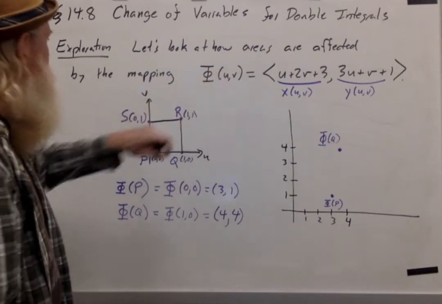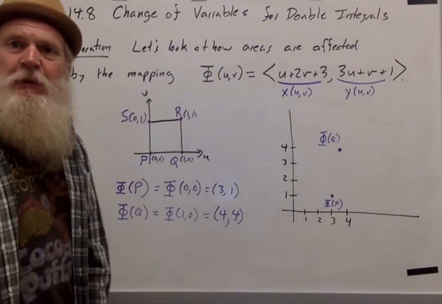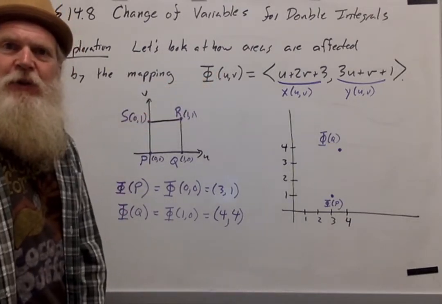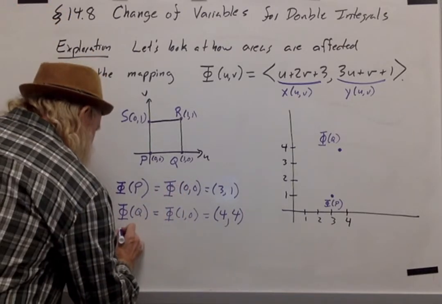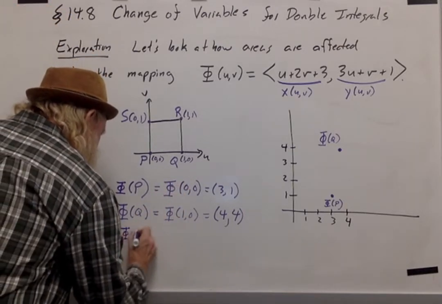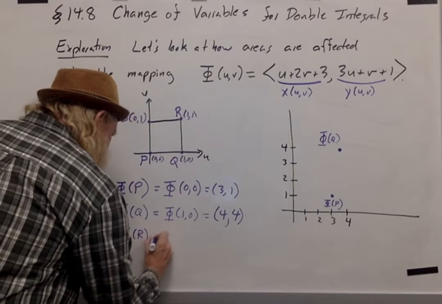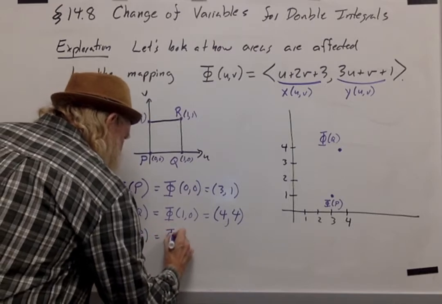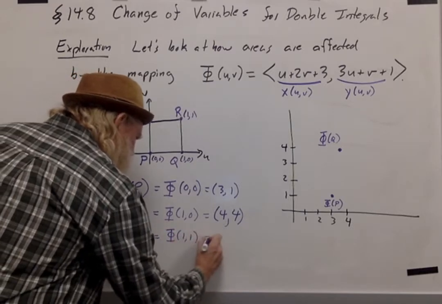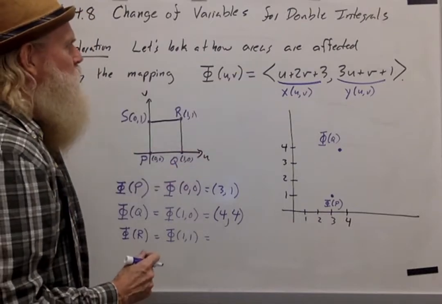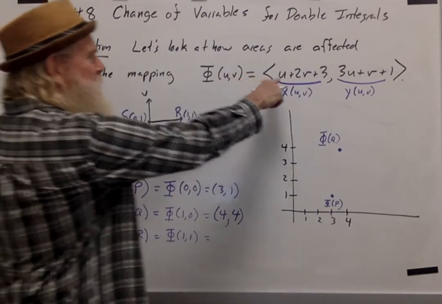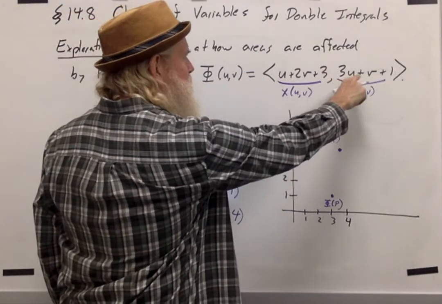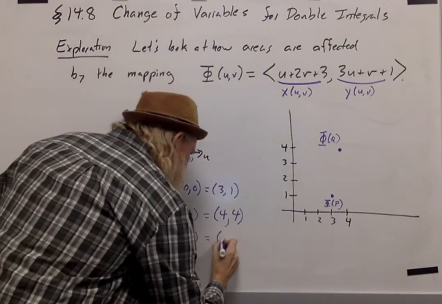Next, we can do R and S. This would be a great time for you to pause the video and see if you can get it on your own. I'll continue working. Phi of R is phi of 1, 1. I plug in 1 for u and 1 for v. That takes me to 6, 5.